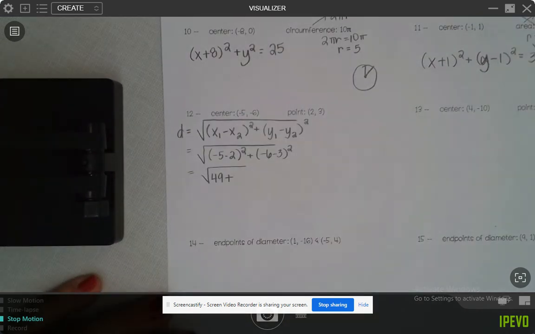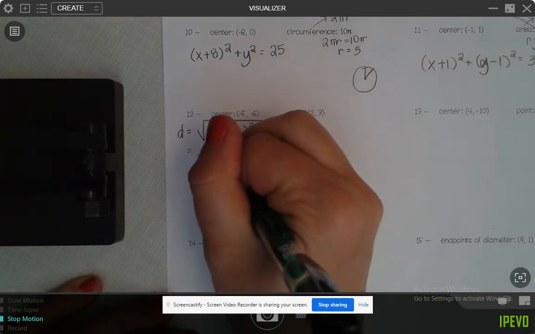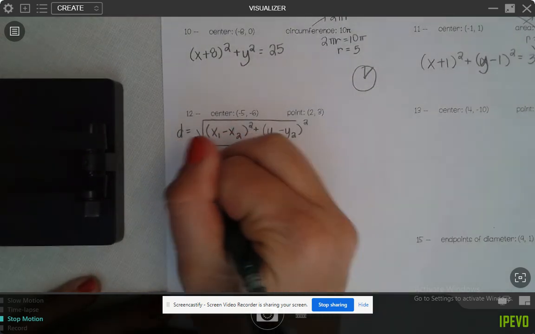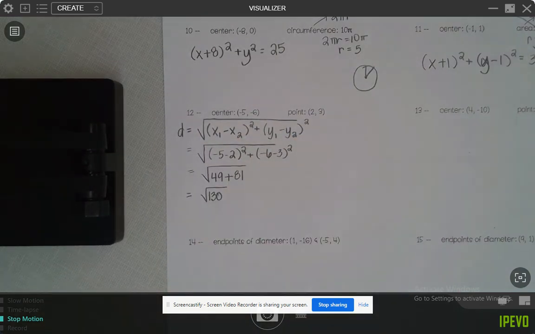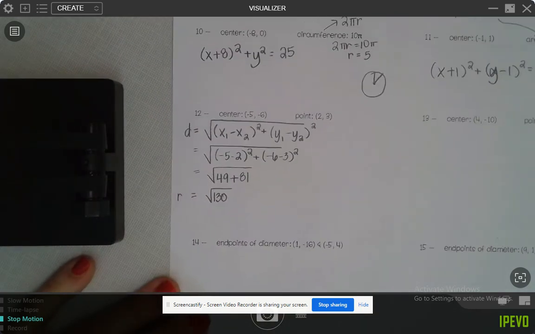Plus negative 6 minus 3 is negative 9. Negative 9 squared is 81. This is the square root of 130. So you just found the distance, right? The distance between what and what? The center and a point, which is also known as your radius.